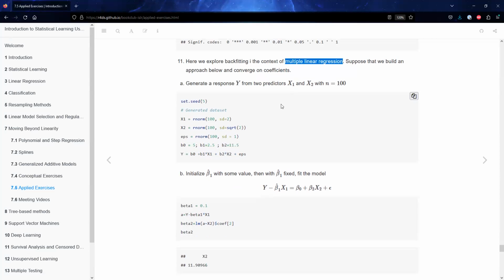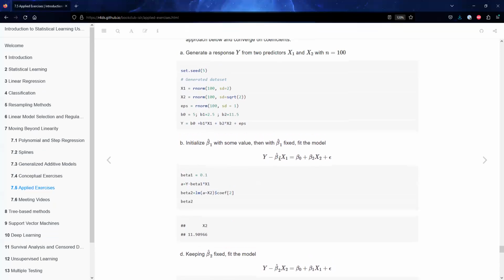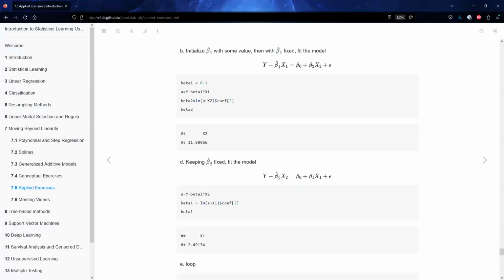So say if we have linear regression with x1 and x2. The strange thing is, you could just pick some number for beta 1 and figure out what beta 2 is. Then go back and say, well, given beta 2, you could figure out what beta 1 is. That is, you fix one number and figure out the other one, and you do that one at a time.